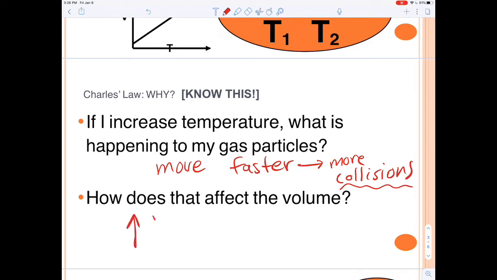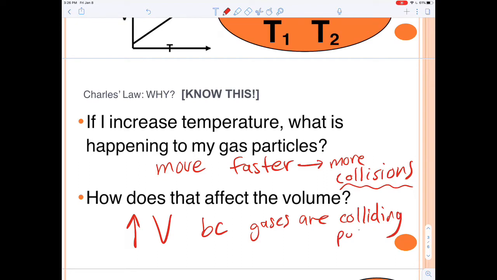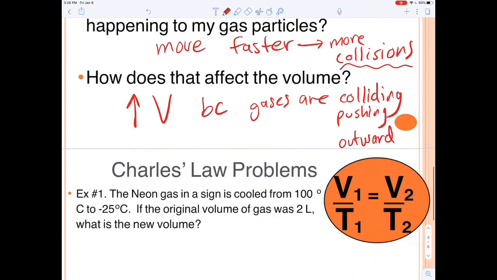Well, that would increase the volume because the gases are colliding or pushing outward. All right, so more collisions allows gases to push outward more, therefore increasing the volume of a container that can change shapes, like the balloon we just saw.